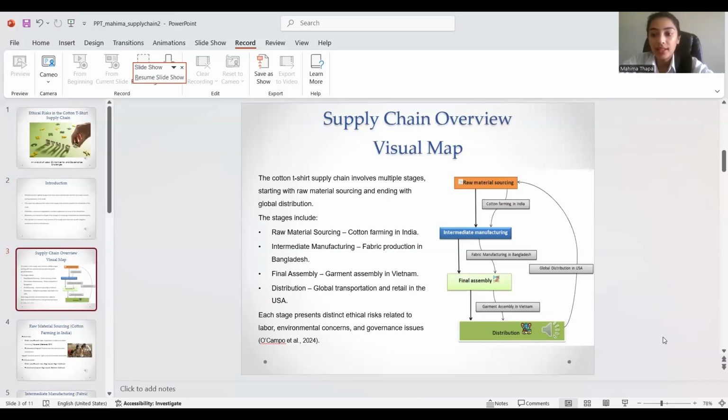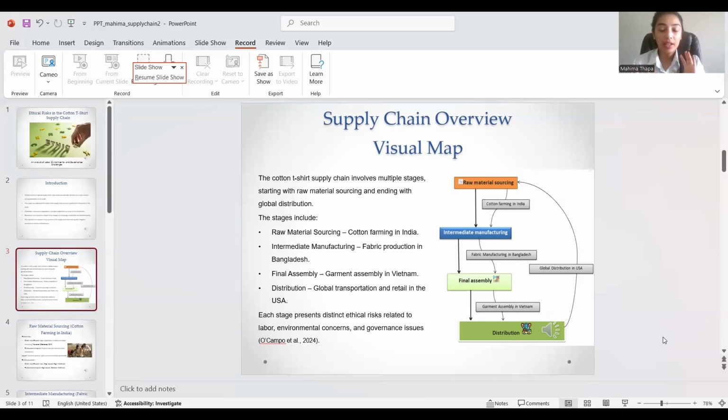Here we can see a visual map of the t-shirt supply chain. I'm going to explain the multiple stages of the visual map, starting with raw material sourcing and ending with global distribution. It starts in India, where cotton is grown, and then it moves to Bangladesh, where the cotton is spun into fabric.